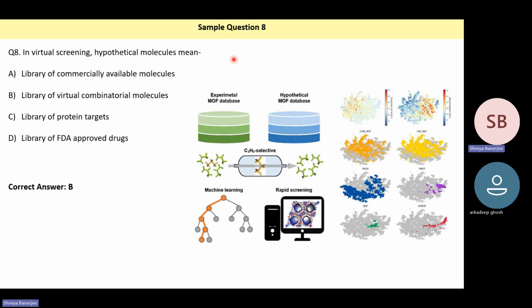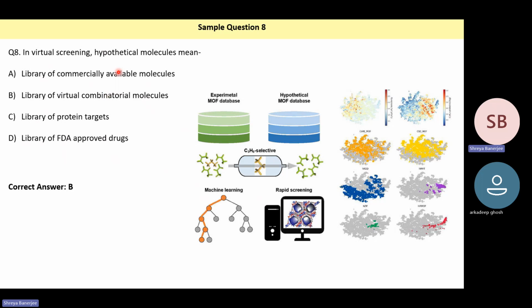And these are normally available with different pharmaceutical companies. The library of virtual combinatorial molecules can go up to 10 to the power 60. And these are hypothetical molecules made by combining different fragments.